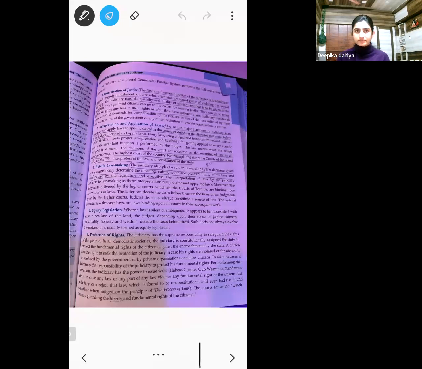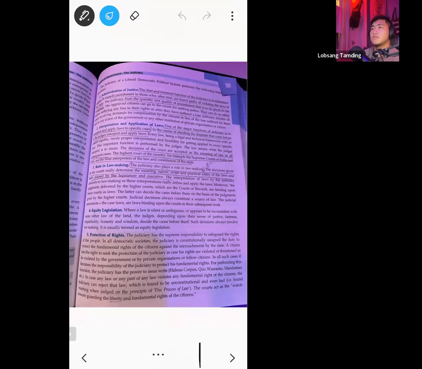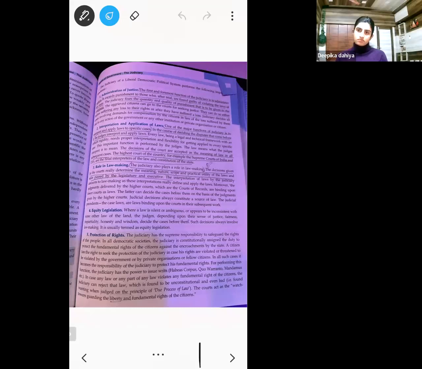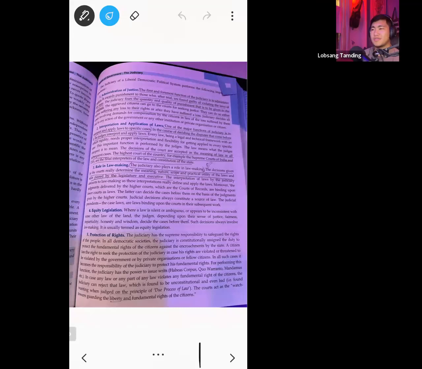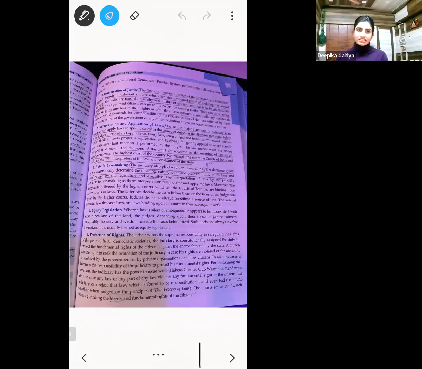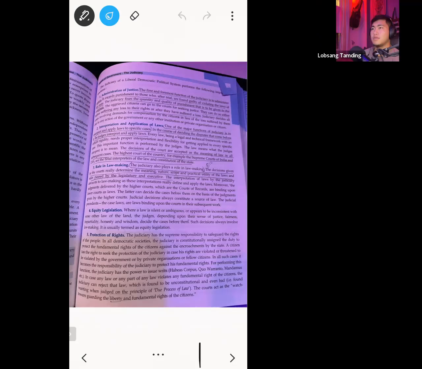Clear? What is the meaning of administrating something? Administrating means looking after.